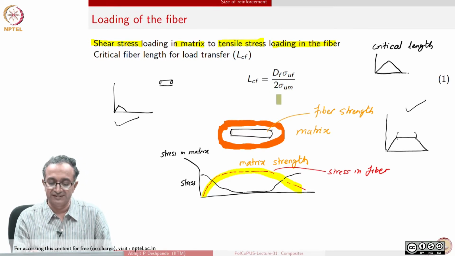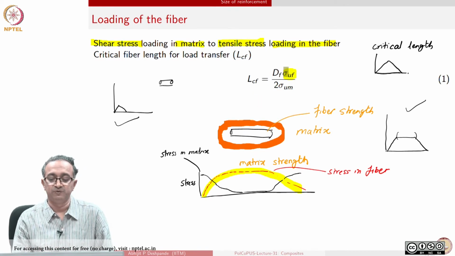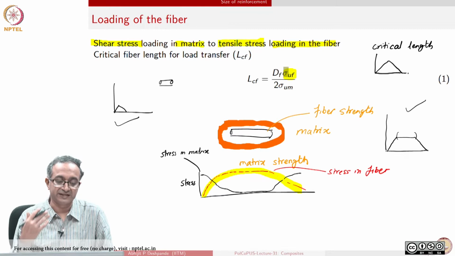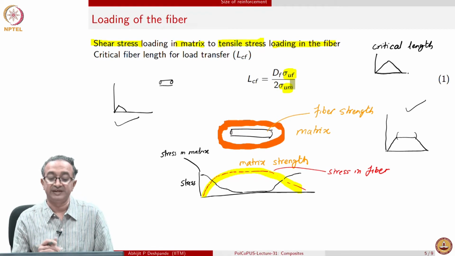And so, this critical length will depend on the following. What we would like is the fiber to be loaded to as much strength as possible, and that is the ultimate tensile strength of the fiber itself. And the matrix of course may be loaded up to its ultimate shear strength. So, based on these two, we can calculate.